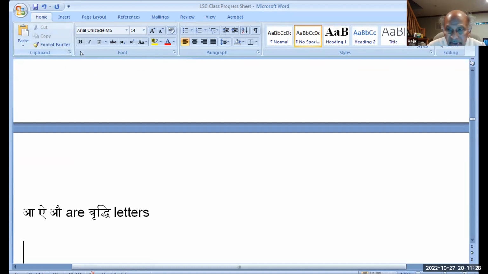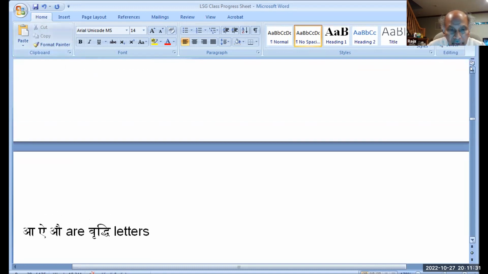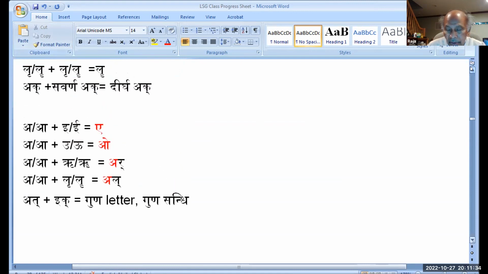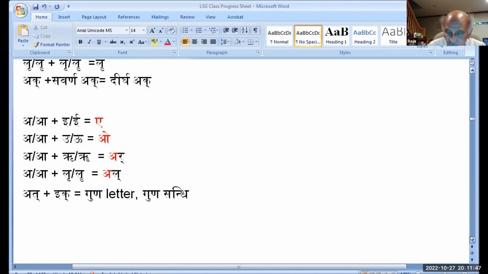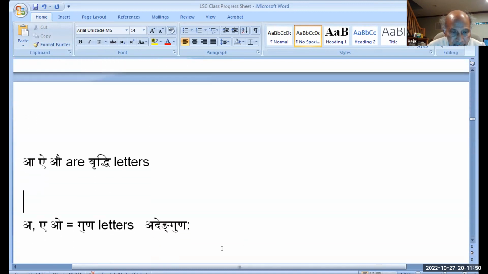If you notice, in all these cases, we have not used the diphthongs A, O, Au, I, and Au. Sorry, we have not used these letters. So far, we used all the vowels except the diphthongs.